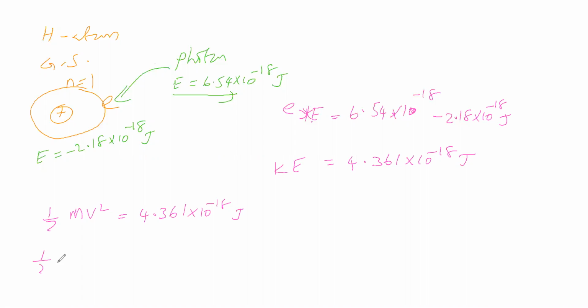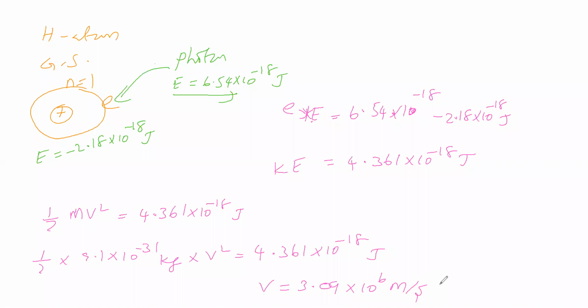Substituting the values, 1 by 2, the mass of the electron is 9.1 into 10 to the power of minus 31 kilogram, into v square equals 4.361 into 10 to the power of minus 18 joule. By simplifying, we get the velocity equal to 3.09 into 10 to the power of 6 meter per second. It is the velocity of the photoelectron.